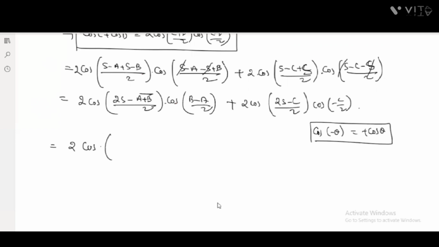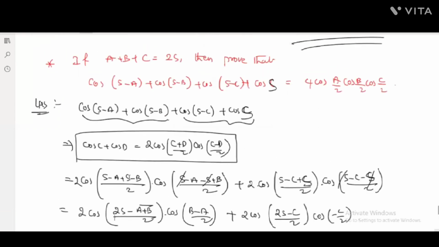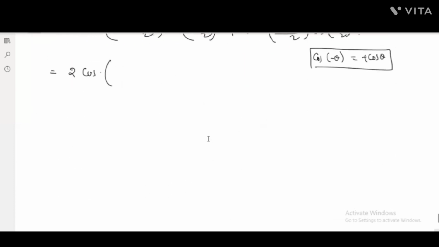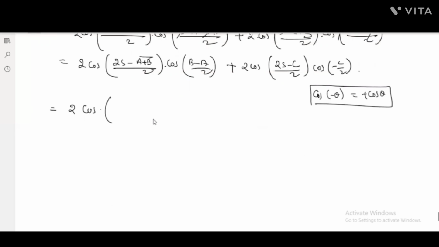So according to this, we can write 2 cos of 2s, and 2s is given as a plus b plus c. I will substitute that here. So we get 2 cos of (a plus b plus c minus a minus b) by 2 into cos of (b minus a) by 2. I can write (a minus b) by 2 also, since cos of a negative angle is positive only.